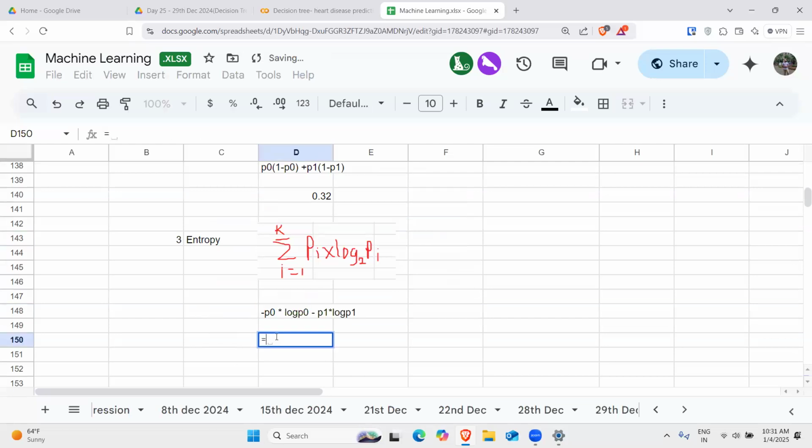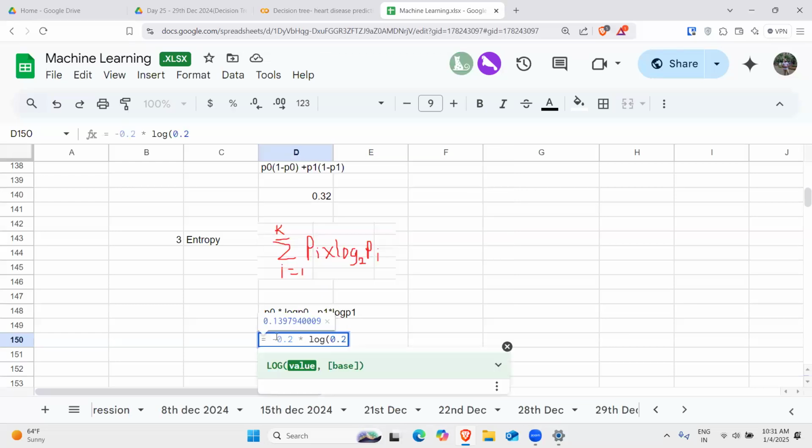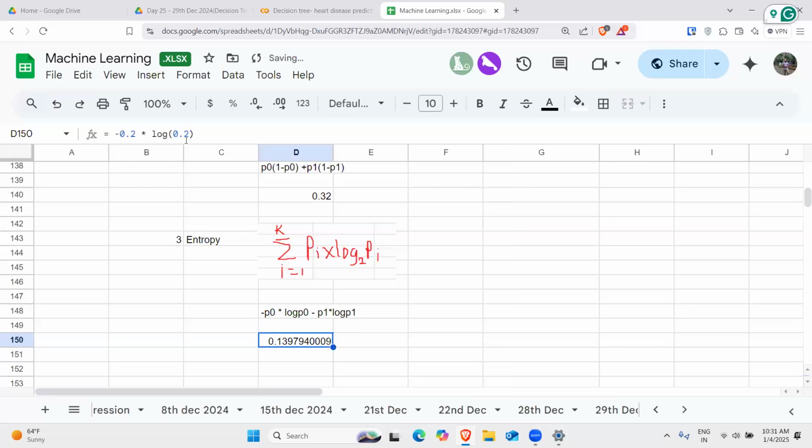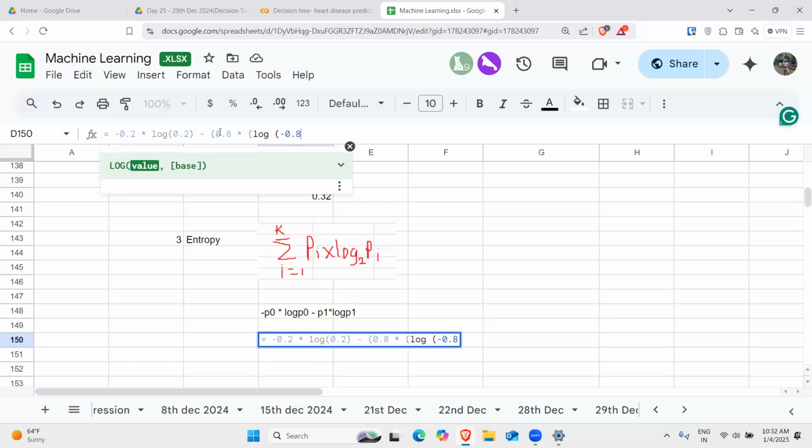And it becomes equal to minus 0.2 into log to the base 2 of 0.2, plus, or we can write minus because the formula is minus, probability of 1 is 0.8 into log of 0.8.